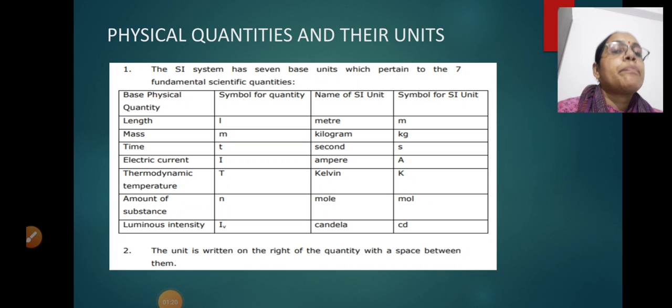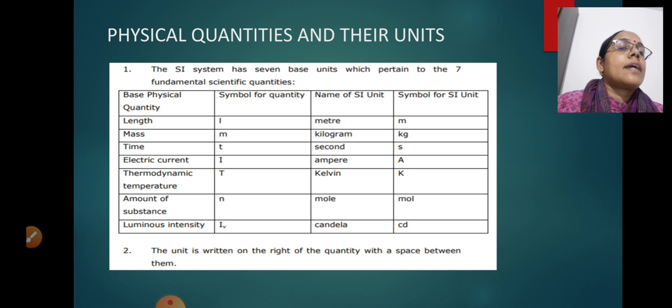You can see I have made 4 columns. The first column is for base physical quantity, the second column is for the symbol for the quantity, the third is for the name of the SI unit, and the fourth is the symbol of that SI unit. The first fundamental scientific quantity is length.